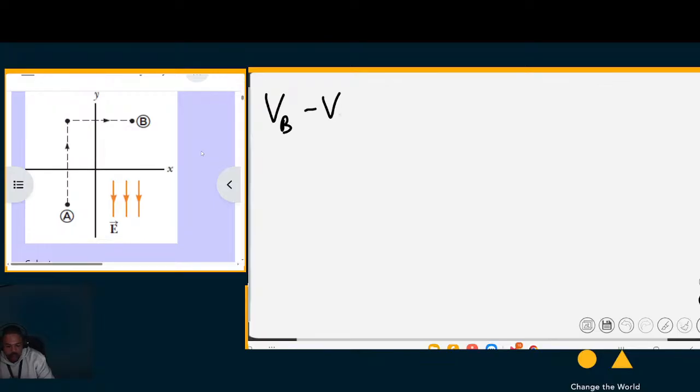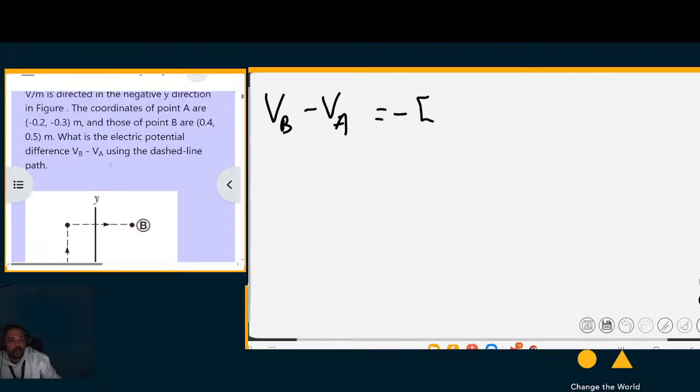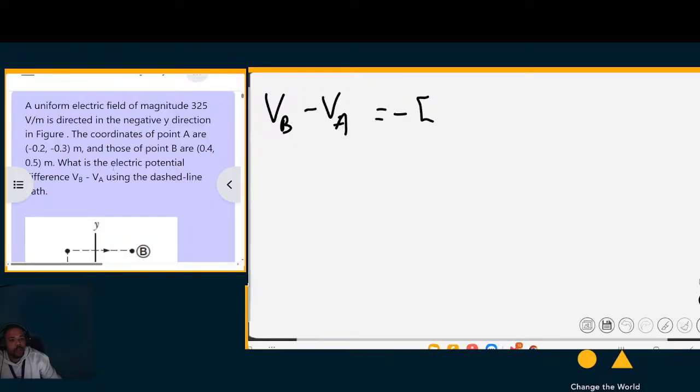VB minus VA, that potential difference, is equal to the negative of the electric field. Can you still remember what the electric field is? Let's go back and show you what that value was. That electric field had a value of 325 in the negative y direction.